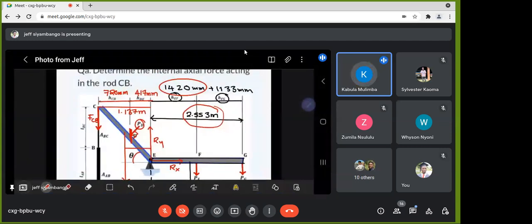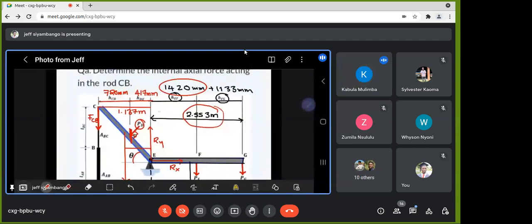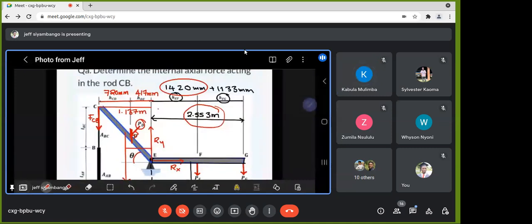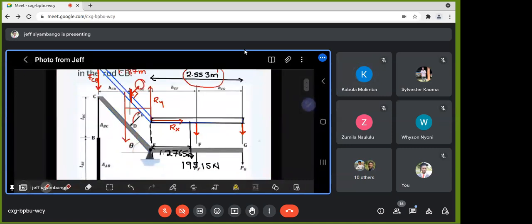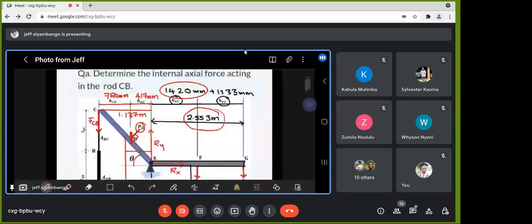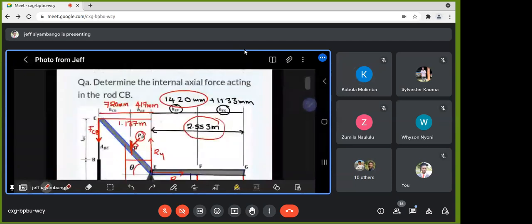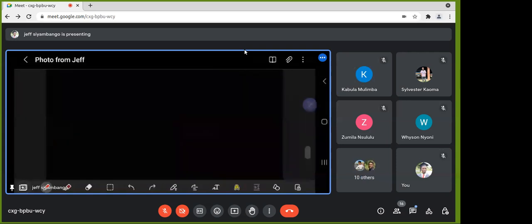No. For this one, we will need the distance from here all the way to here. It will be the one that will be perpendicular to the horizontal force there. So you have to see that this is the horizontal force.